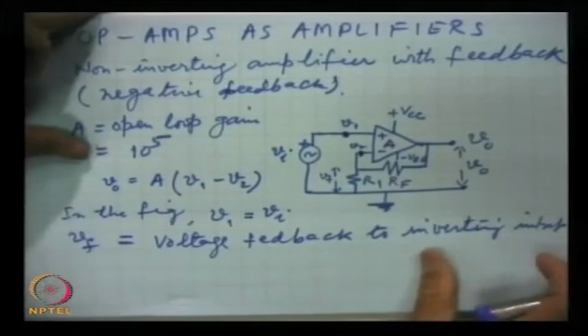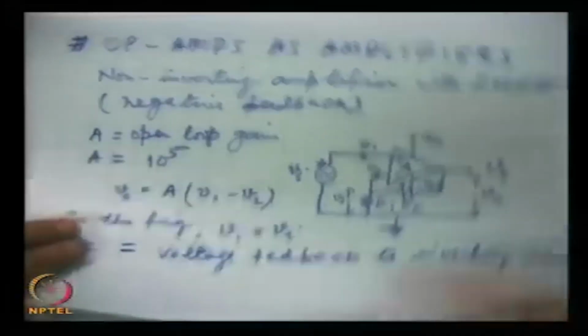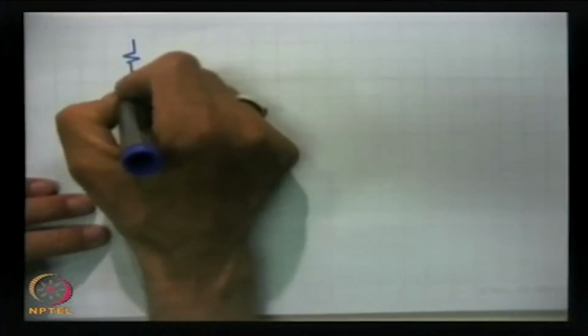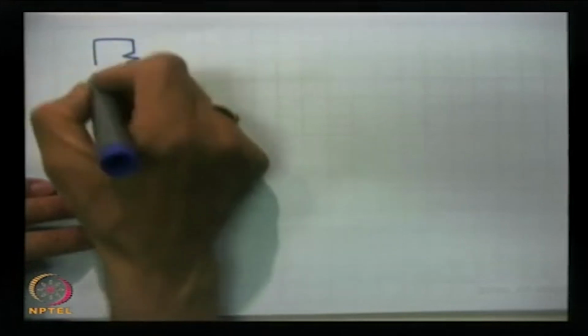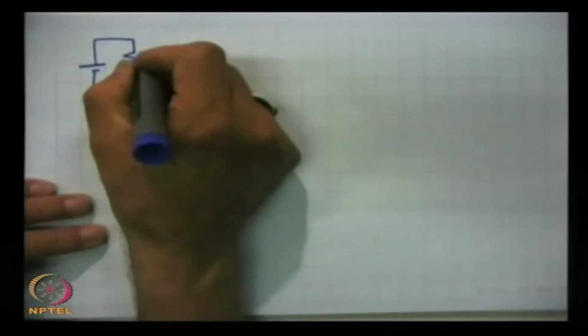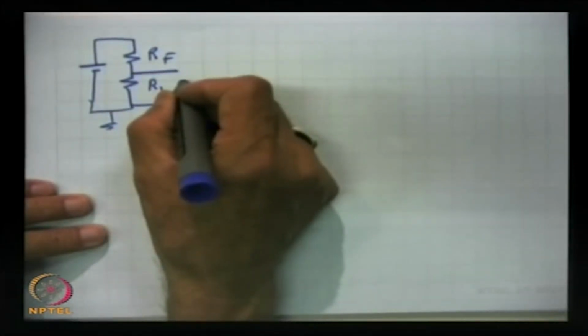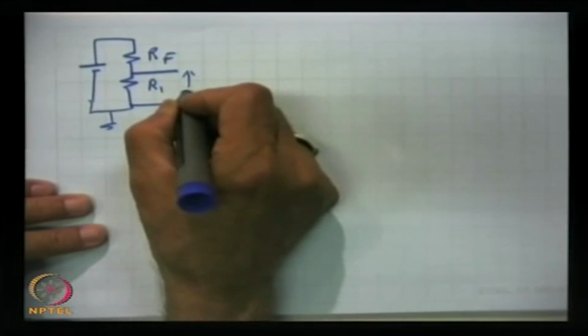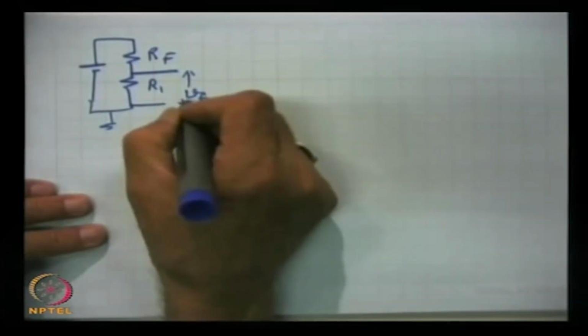This is a voltage divider circuit, which I can draw like this actually. This is RF, R1, and whatever is the voltage drop here, this is Vf, the feedback voltage, and this is V0.